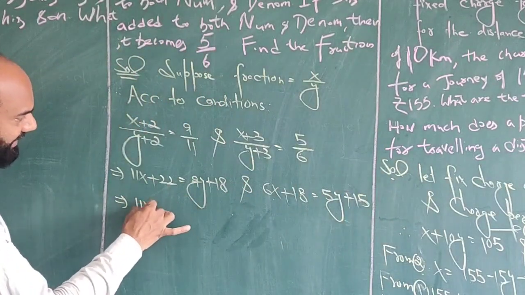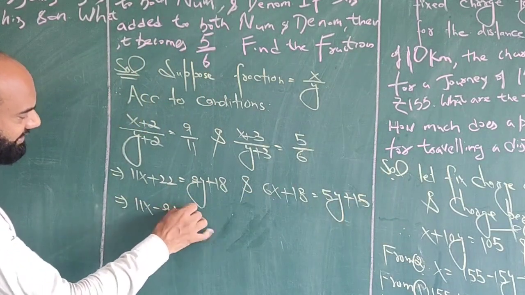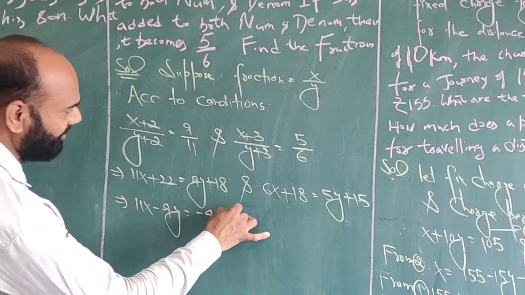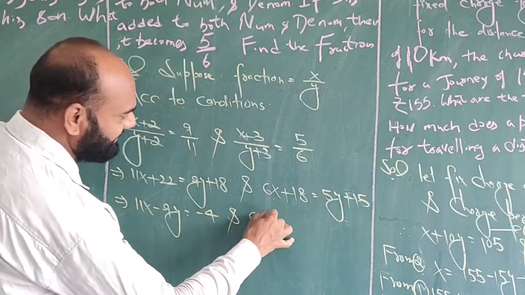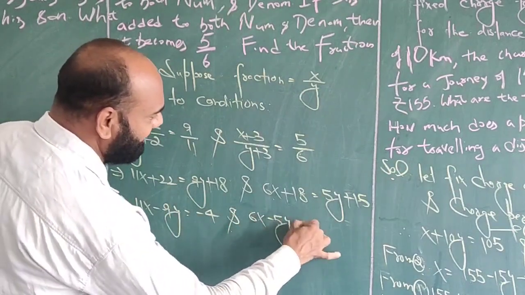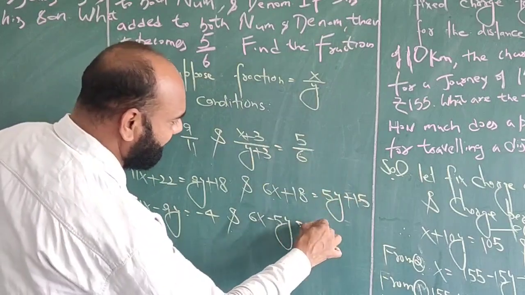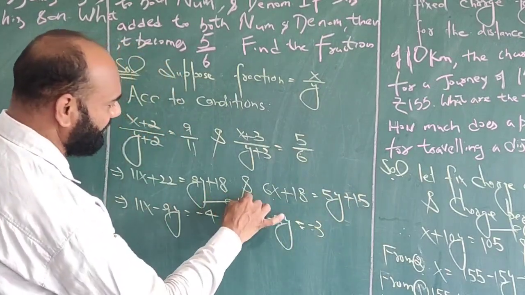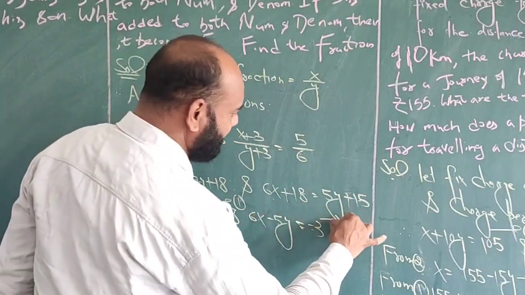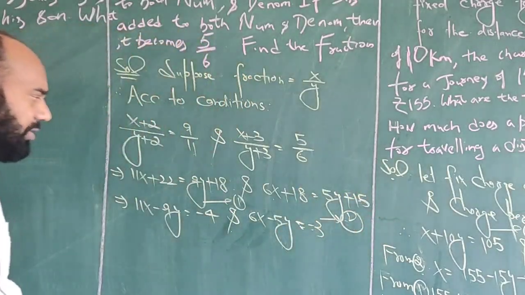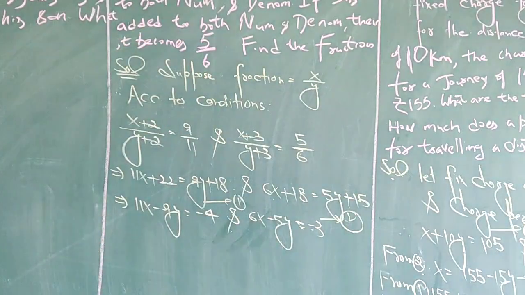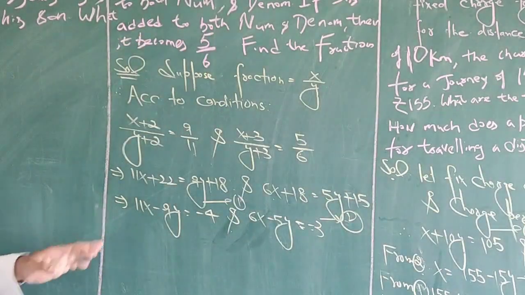This implies 11x minus 9y is equal to minus 4, and secondly 6x minus 5y is equal to 15 minus 18, which is minus 3. So this is equation number 1, and this is equation number 2. Now we solve these two equations by using the substitution method.